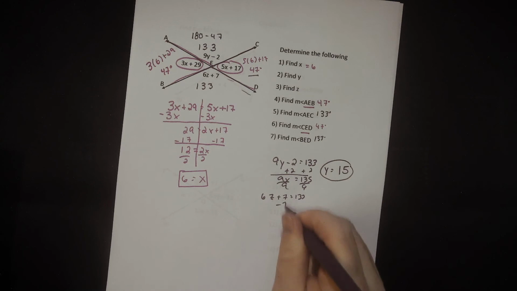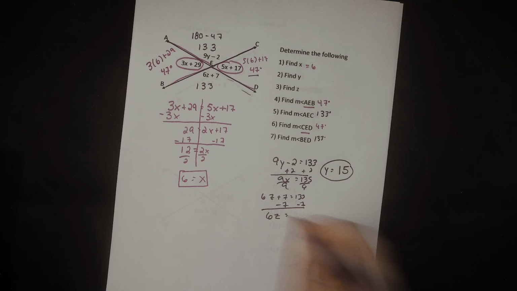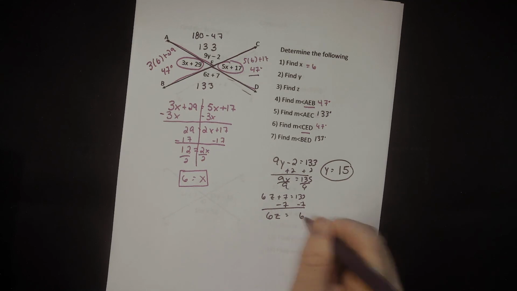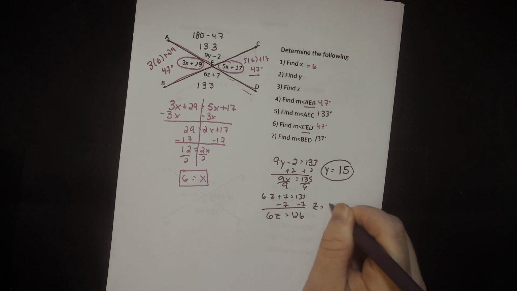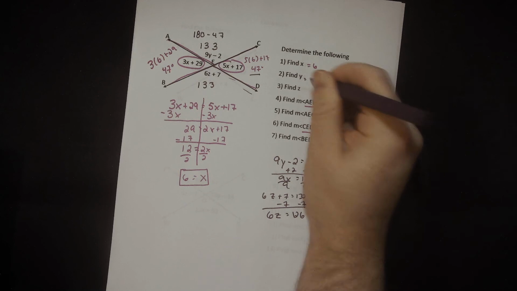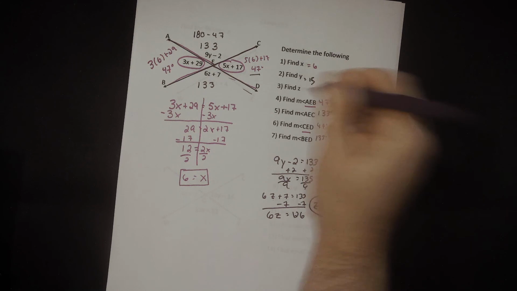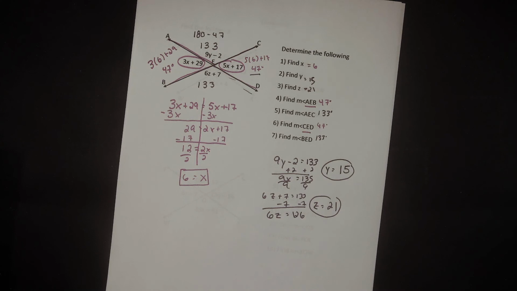And then minus 6. So that would make z 21. And that would be the whole thing pulled out.